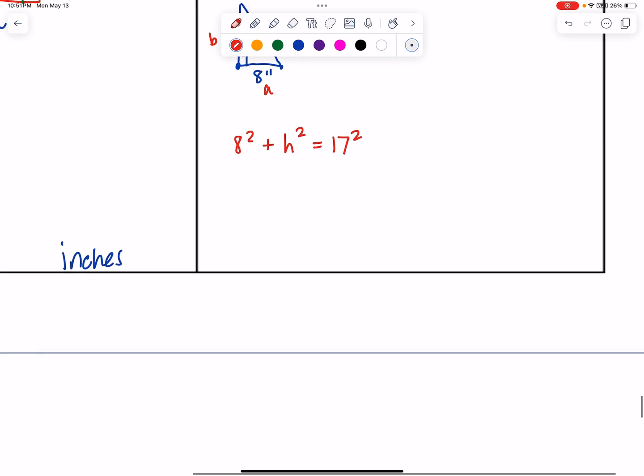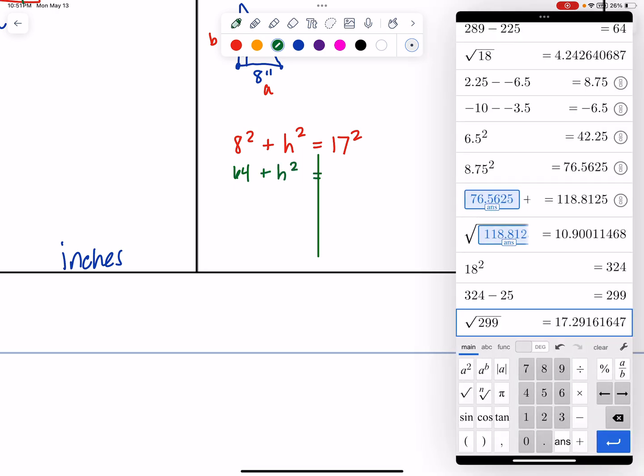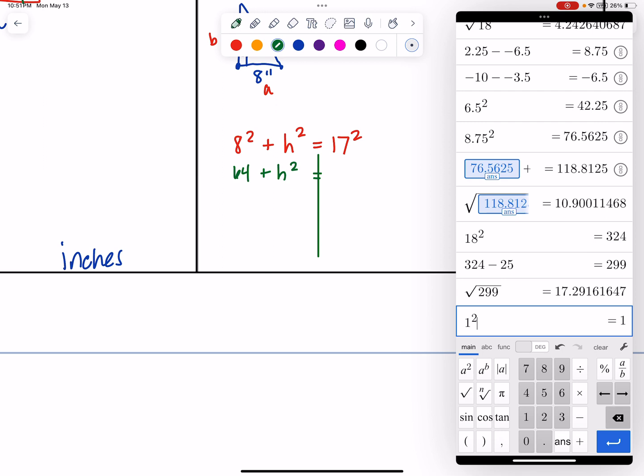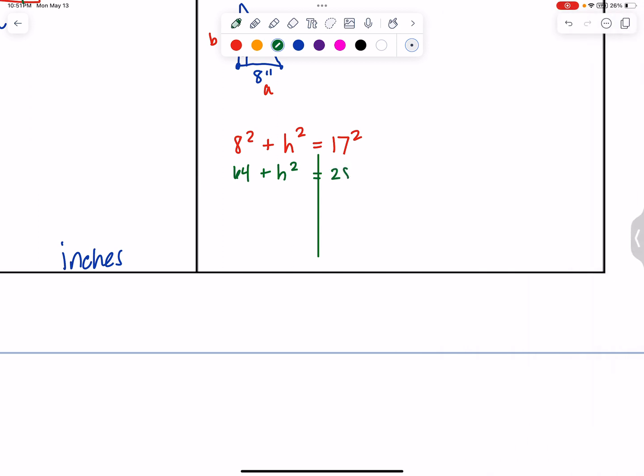Let's separate our workspace like we always do. 64 plus H squared equals 17 squared, which is 289.